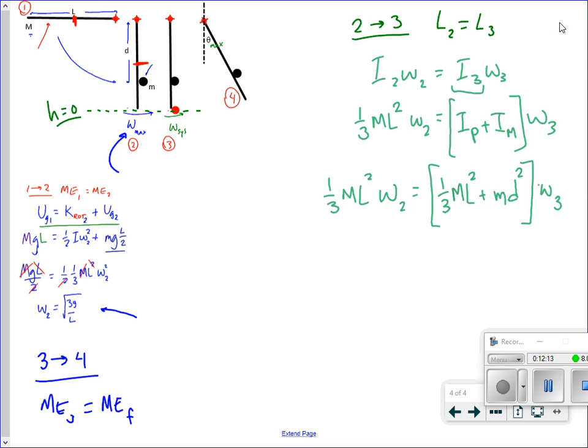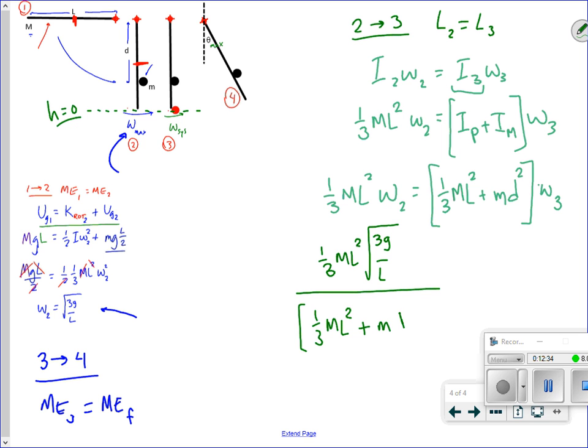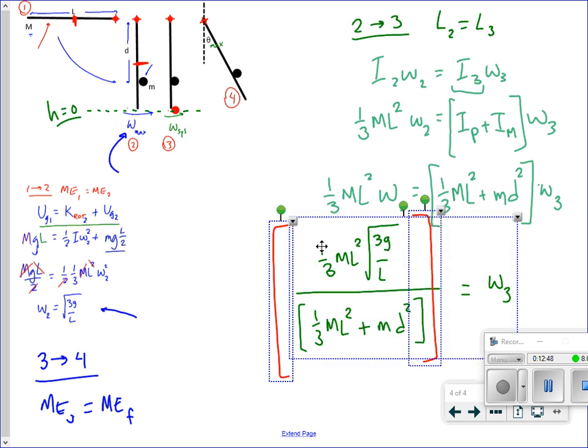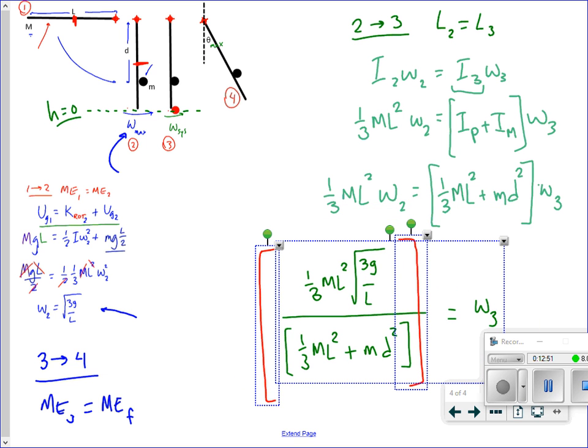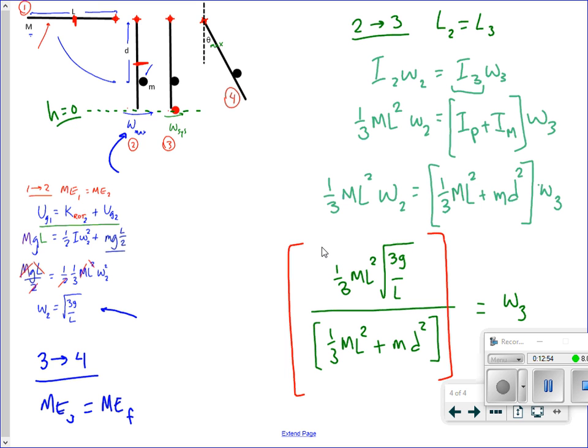So this now says that I'll take 1/3 M big L squared omega 2 divided by I system, 1/3 M L squared plus m d squared. Well, there's an expression for the angular velocity. A nice easy expression for the angular velocity of that system after the two object interaction.